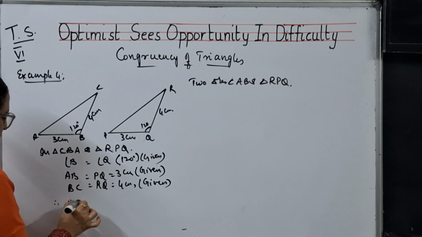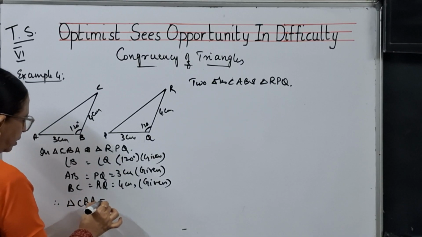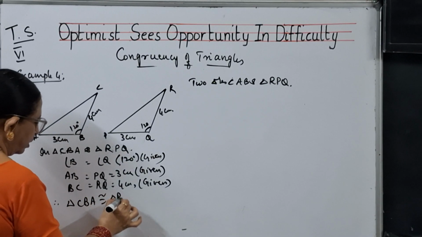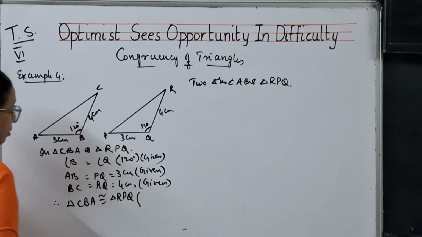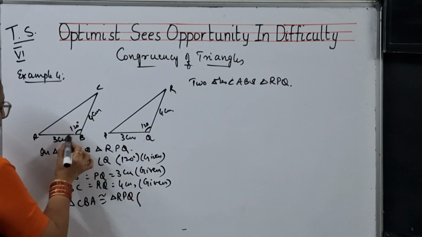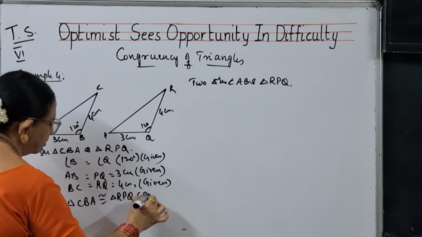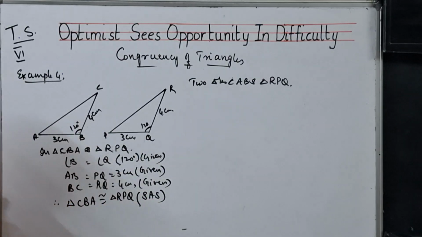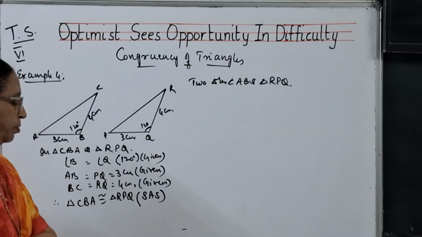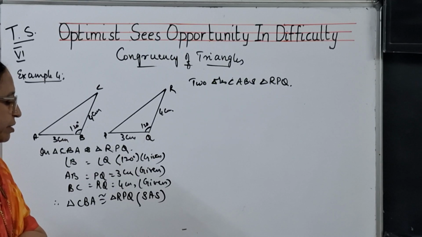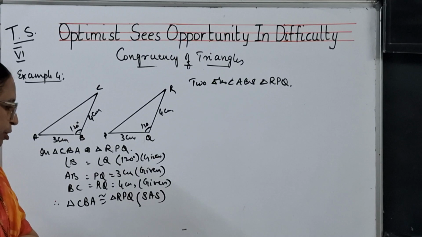Therefore, we will say triangle CBA is congruent to triangle RPQ basing on, see children, what is this? Side, angle, side property. Even though we have done the angle side angle property, he has given this problem based on the side angle side property.